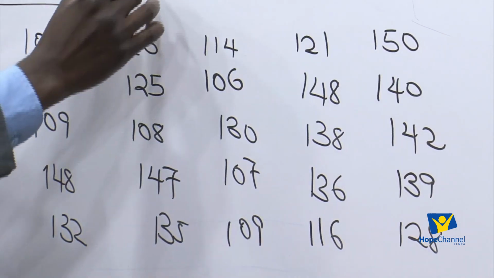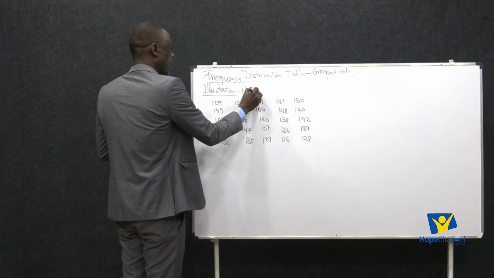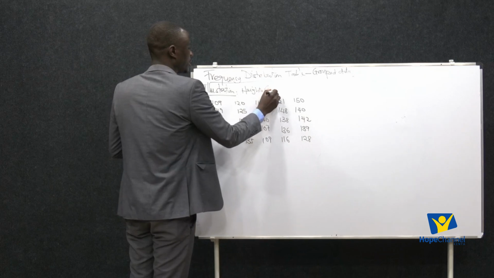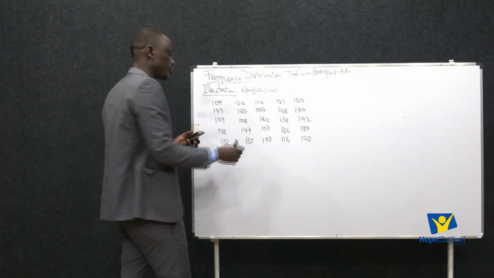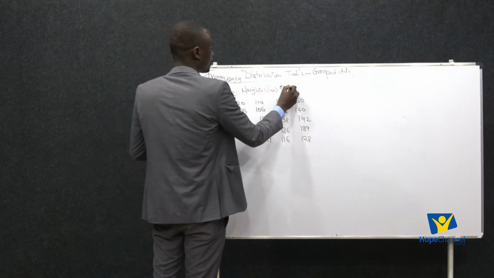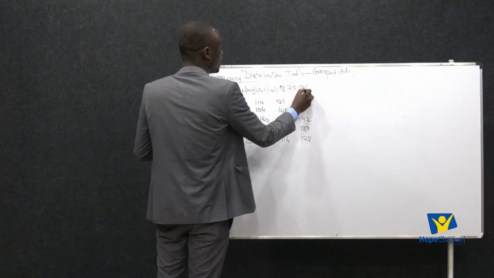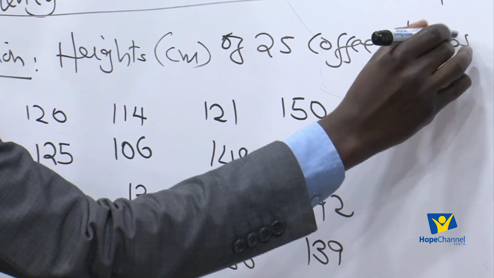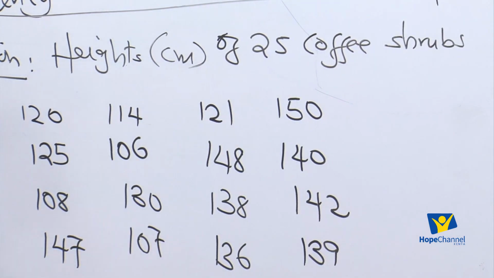So remember, these are heights in centimeters of 25 coffee shrubs in a certain farm.